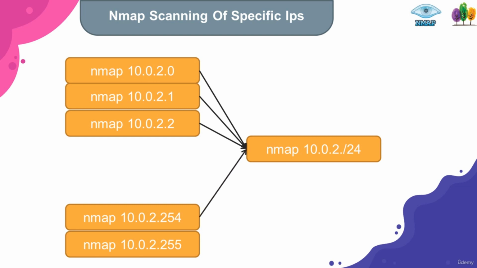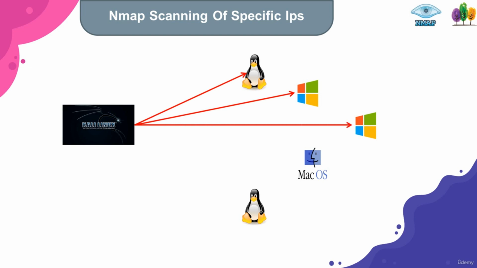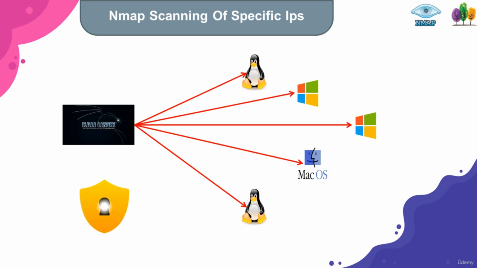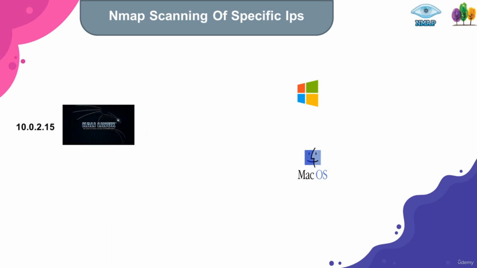Scanning an entire subnet can also cause security systems to be on alert, because it's attempting to access many different targets from a single source, a computer that is used for scanning. This can be recognized by security systems, and then the IP address that you're using for scanning will be blocked. So instead, we only scan specific targets.